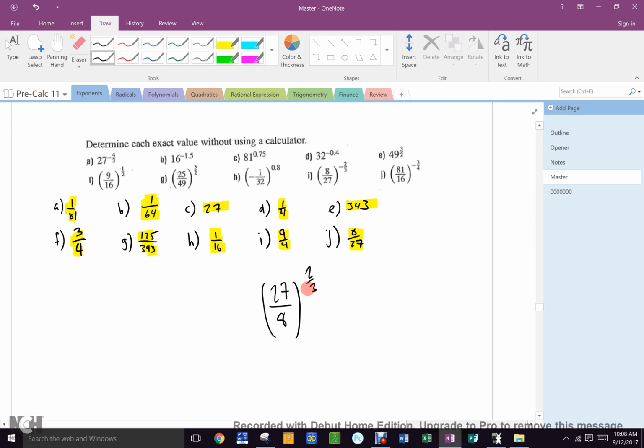So that is the cube root of 27 to what power? Squared. Over the cube root of 8 to what power? 2 again. What is the cube root of 27? 3 squared. 9. What's the cube root of 8? 2. 2 squared. 4. Got it? Luke.